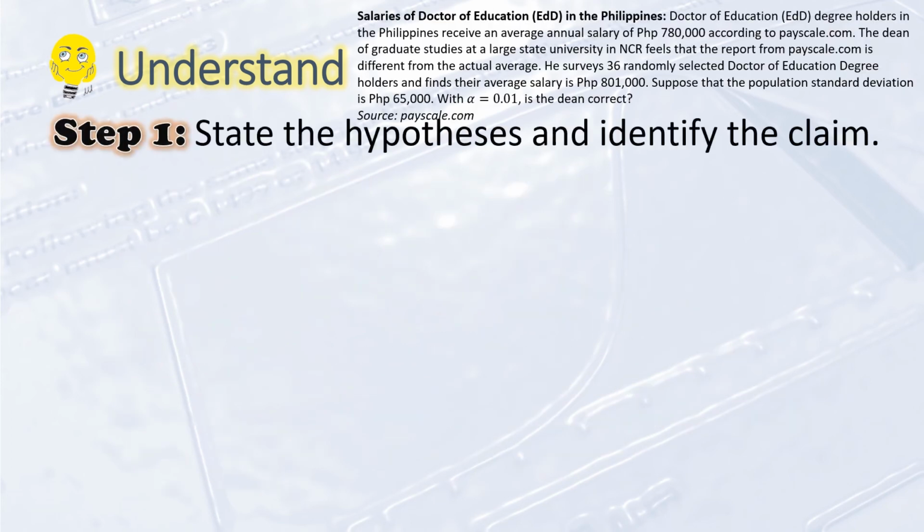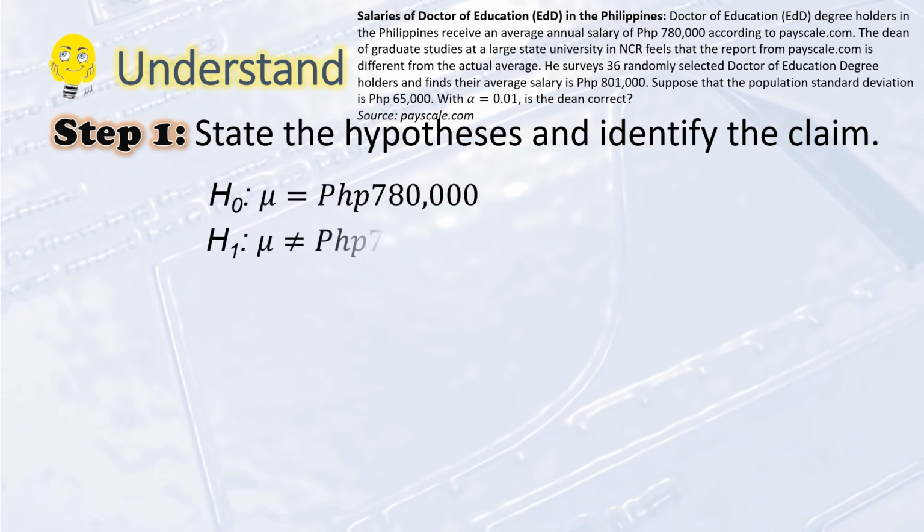Let us start with our null hypothesis, and that is mu equals 780,000 pesos. The alternative hypothesis, mu is not equal to 780,000 pesos. Remember, it says that the Dean of Graduate Studies at a large university in NCR feels that the report from payscale.com is different from the actual average.